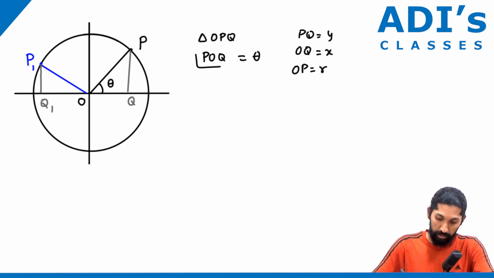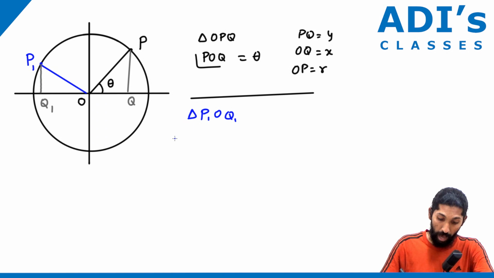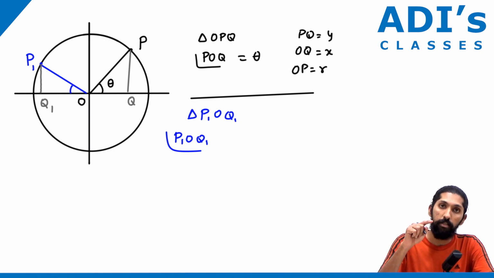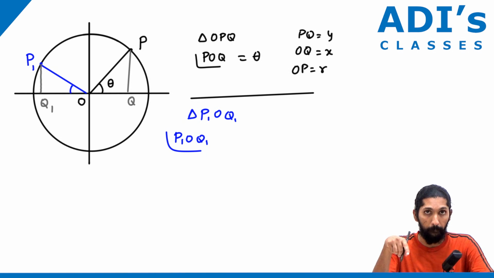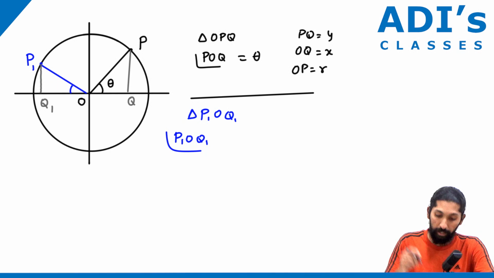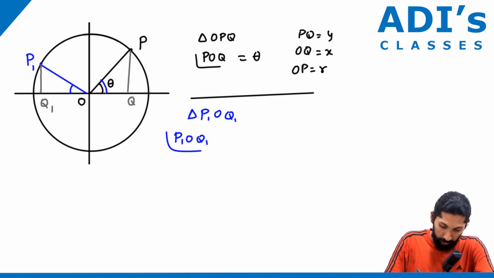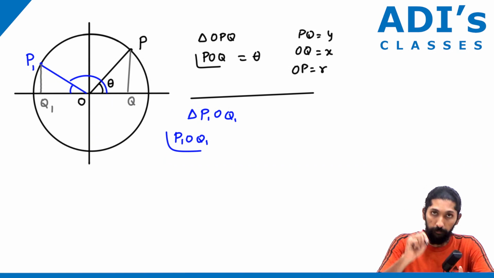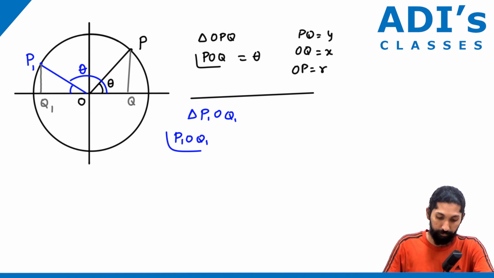That means for the second case, in triangle P1OQ1, we have angle P1OQ1. This angle would be theta, but since we are taking it on the negative side, we'll instead take it anti-clockwise, in the reflex of that.